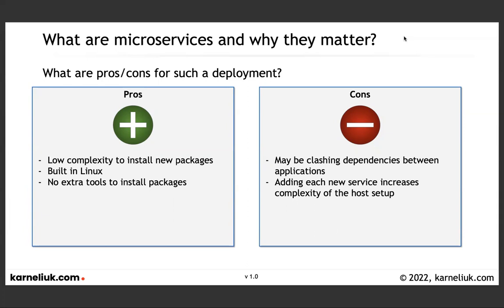Namely, there might be a clash between dependencies. What does it mean? If I'm installing a package which requires a dependency, say GCC, one of the most popular packages, which contains C bindings for a lot of programming languages, including Python, and it requires a certain version, for example version 2.3.